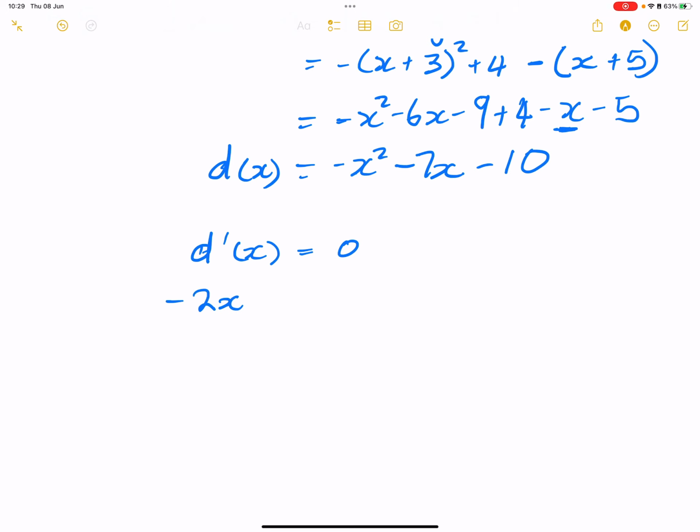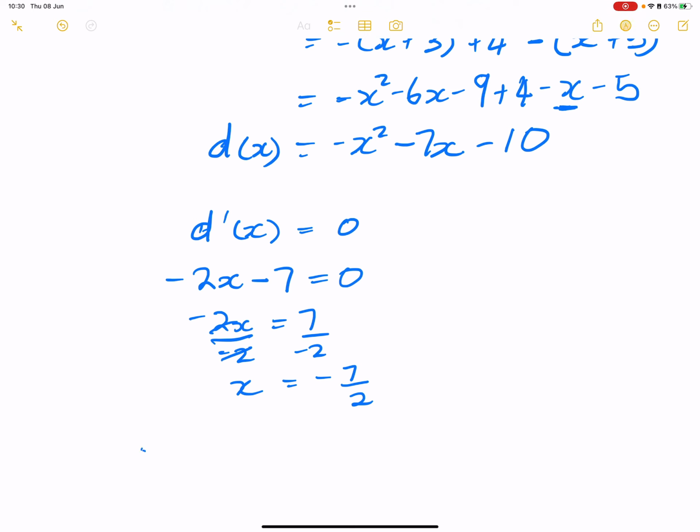So that will be minus 2x minus 7 is equal to 0. So that will be negative 2x is equal to 7. And if we divide by negative 2, in this case, what we get is x is minus 7 over 2. Now, what is that maximum distance?